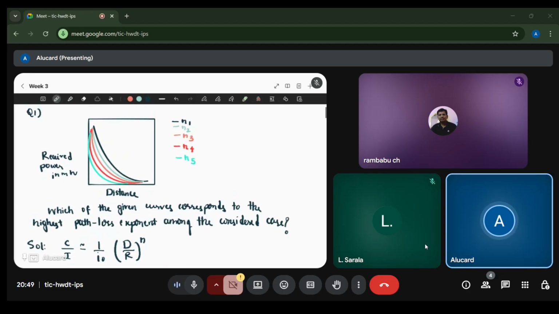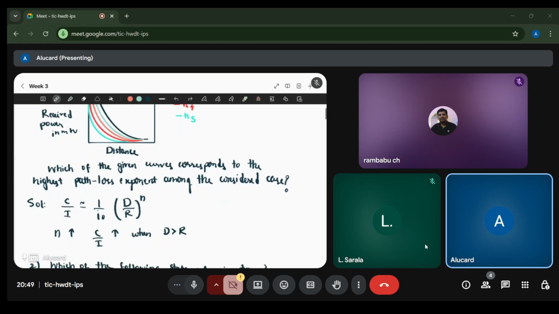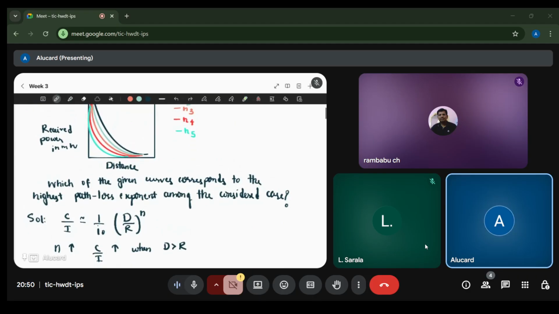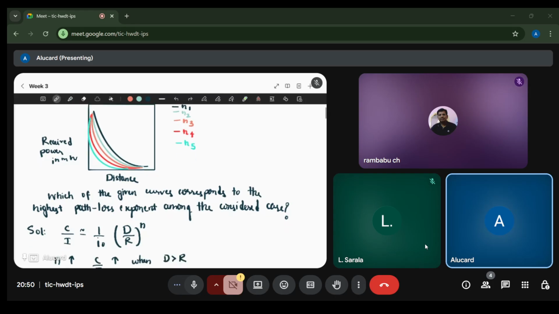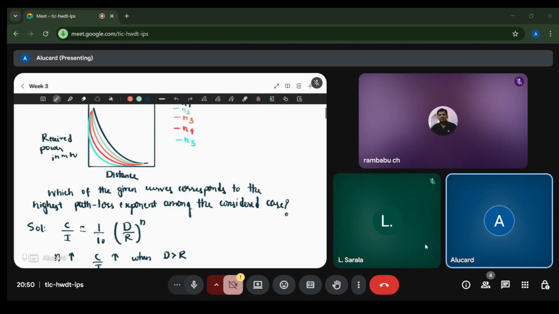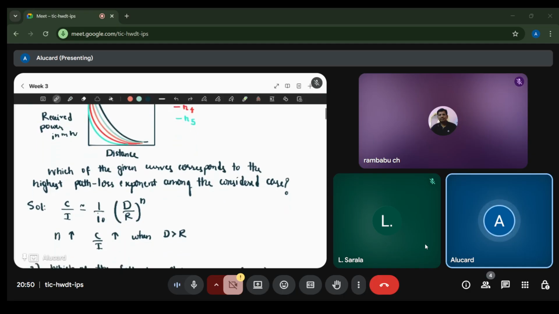Here, d is the distance between co-channel cells, which is greater than the radius of one single cell.